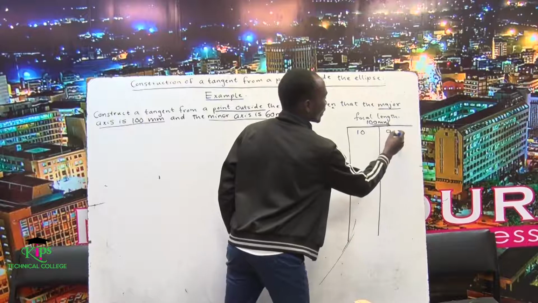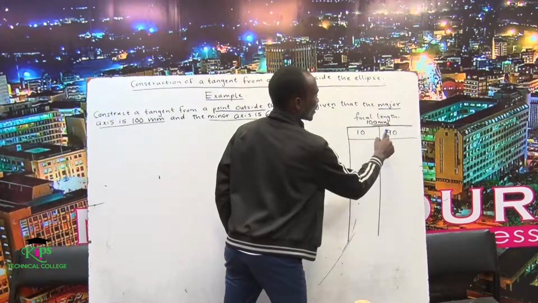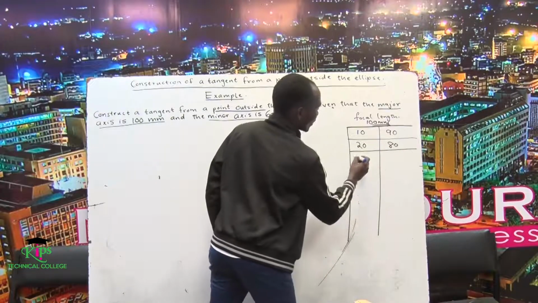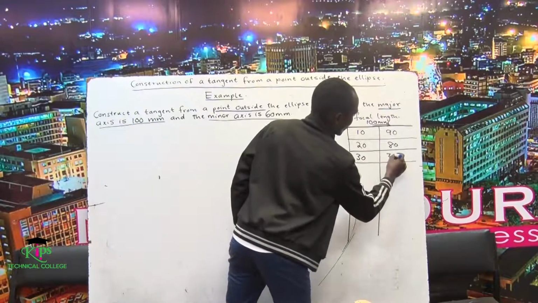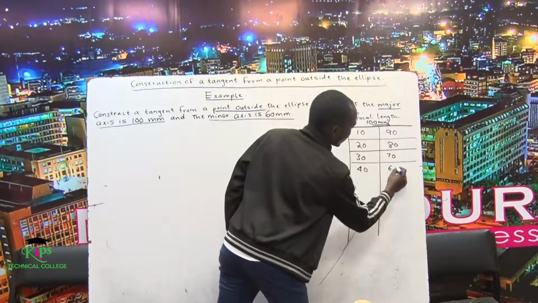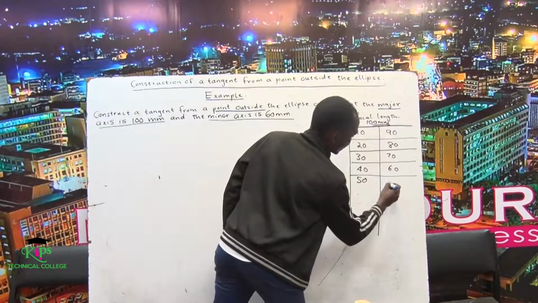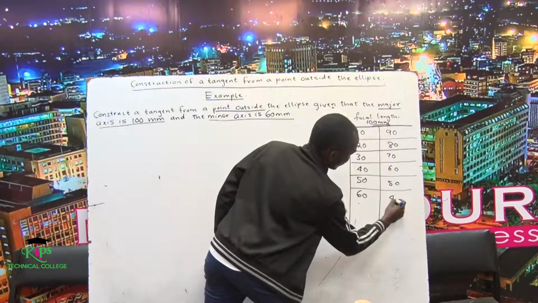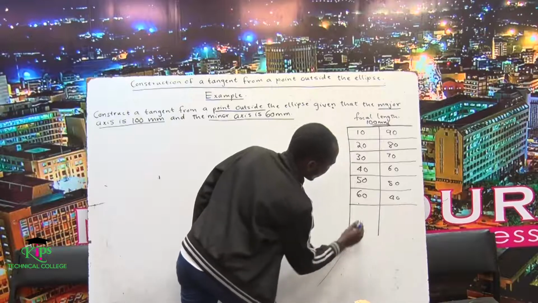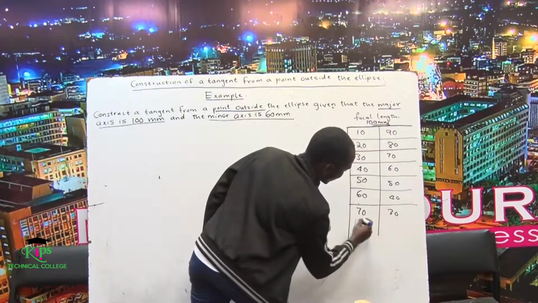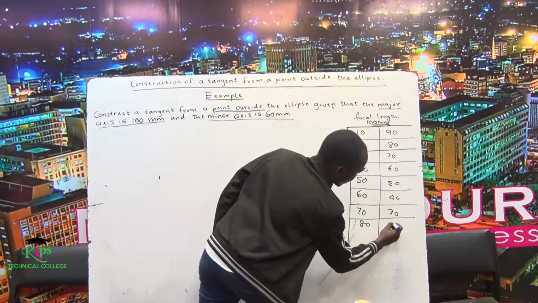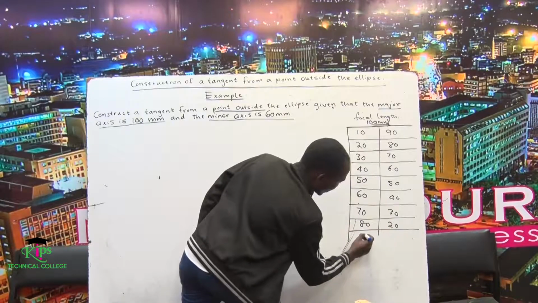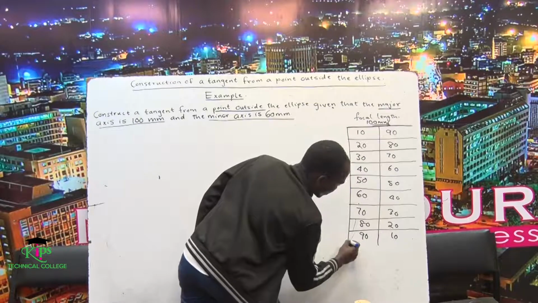This will be 90. So 10 plus 90, 100 again; 20, 80; 30, 70; 40, 60; 50, 50; then 60, 40; 70, 30; 80, 20; then 90, 10.